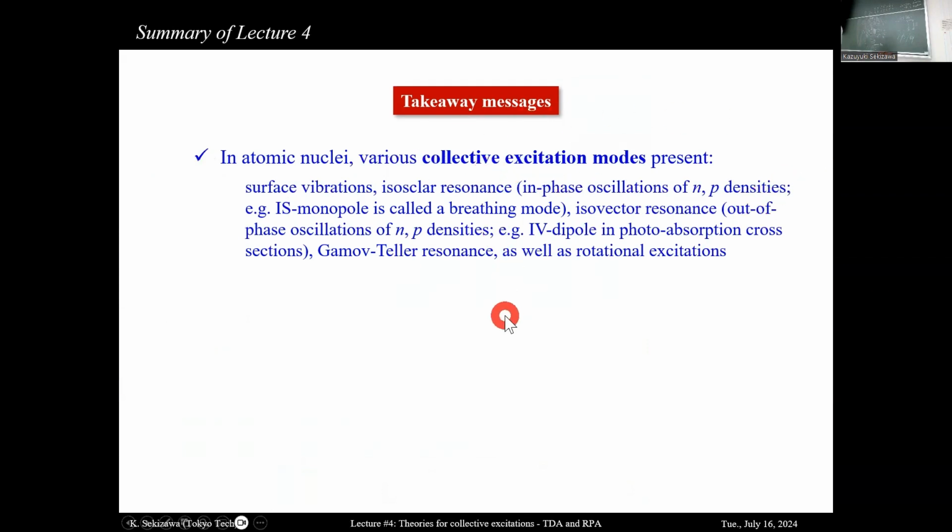I introduced photoabsorption, which was the out-of-phase oscillation of neutron and proton densities, the so-called isovector giant dipole resonance. But there are many other collective excitation modes, like surface vibrations and rotations and so on.